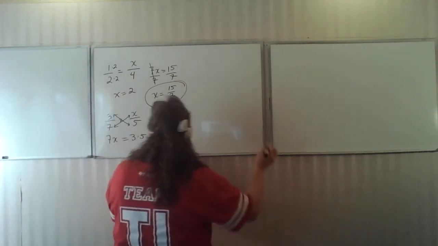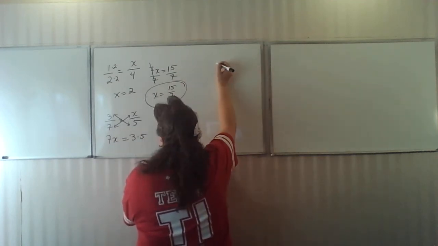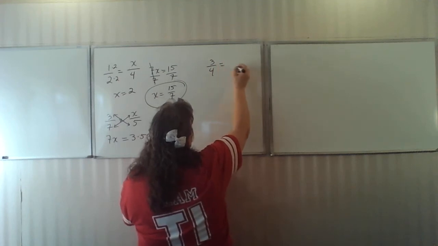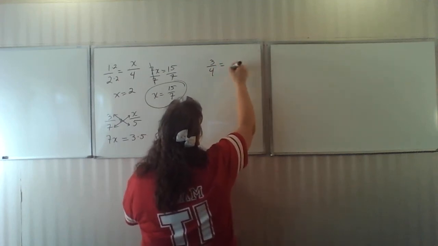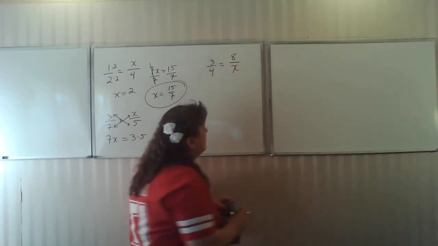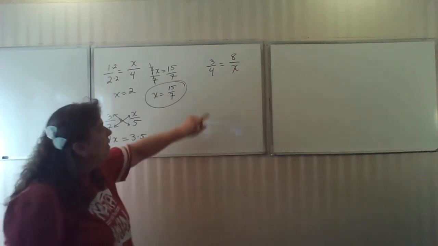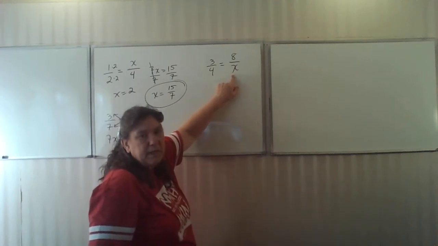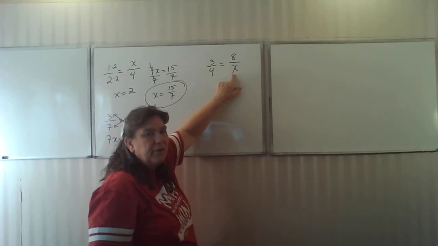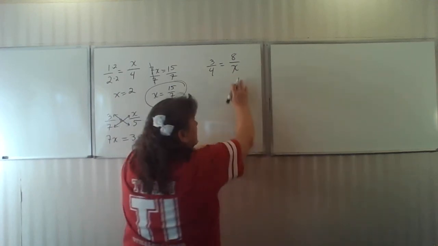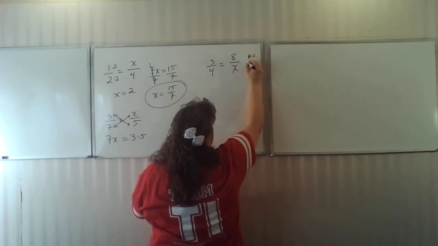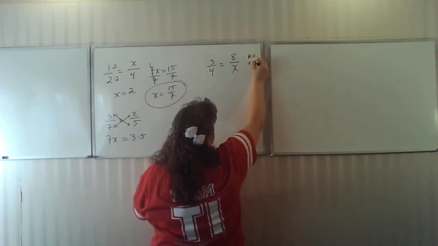Let's do another one. Let's look at 3/4 is equal to 8/x. Now notice on this one, we have an x in the denominator. Therefore, we have to specify that x cannot equal 0, since it's all alone. Our restricted value is x cannot equal 0.